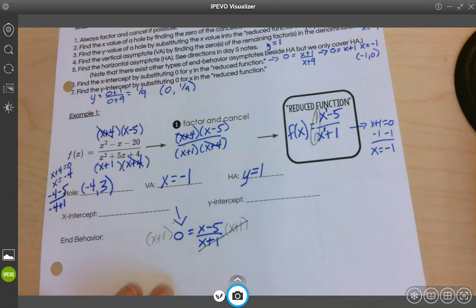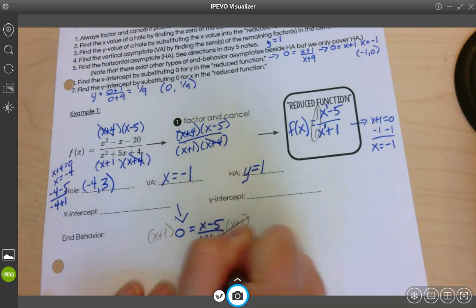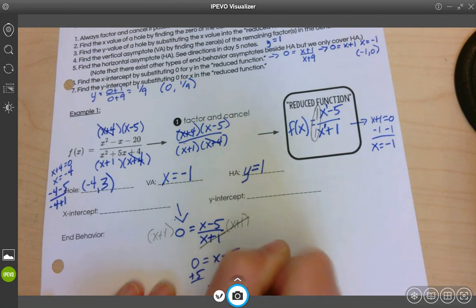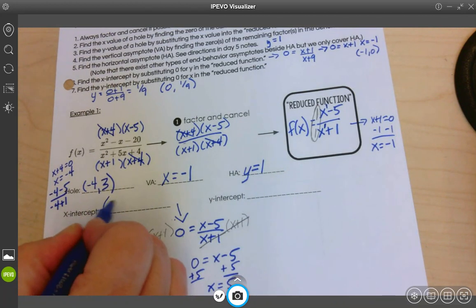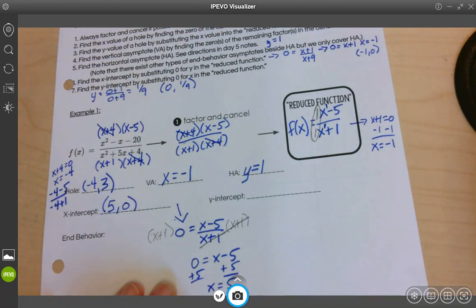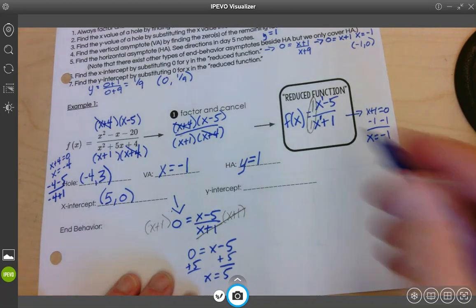What's 0 times x plus 1? 0. All right, so my x-intercept is 5, 0. For my y-intercept, I set x equal to 0.